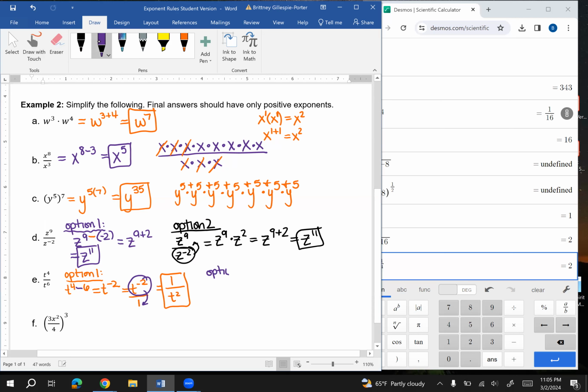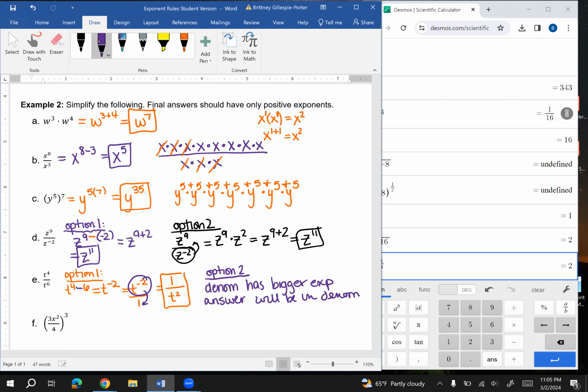Your second option, we know that the denominator has the bigger exponent. And we know division makes us smaller. We're going to be subtracting. Denominator has the bigger exponent, so the answer will be in the denominator.